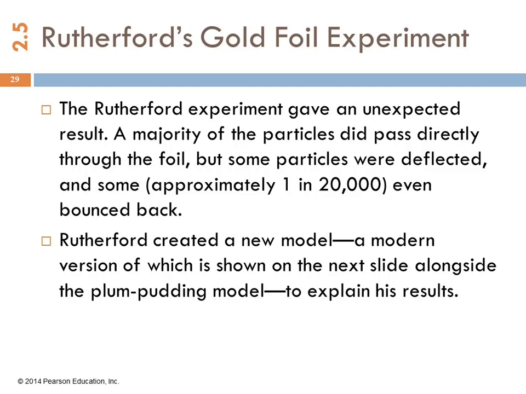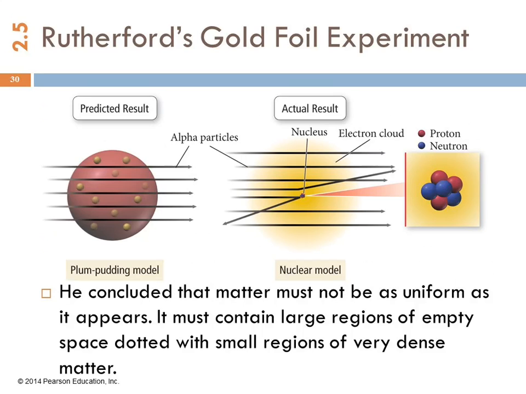And so because of this, the plum pudding model couldn't be correct. The predicted result was that the alpha particles would go straight through, but what actually happened is some of them bounced back. So this led to a new model. He concluded that matter must not be as uniform as it appears. There must be a lot of empty space and small regions of very dense matter.